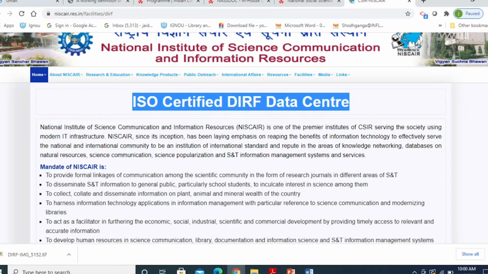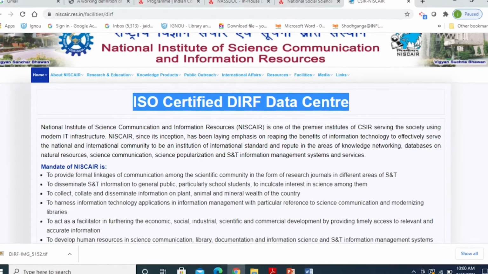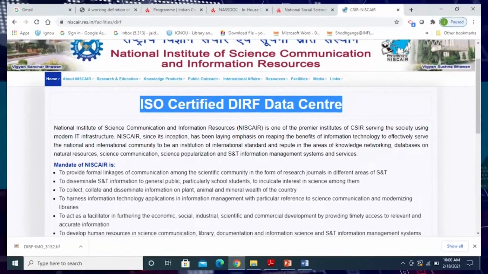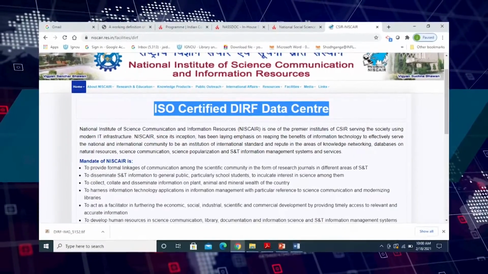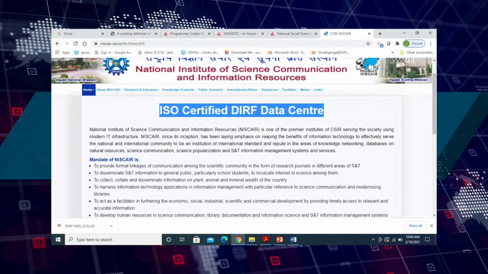One of the reasons for the change in name is that documentation is now not a major activity, therefore now it is acting as an Institute of Science Communication and Information Resources, and one of the activities of NISCAIR is that it acts as a data center also, and this is an ISO certified data center. As an example, we have shown how this exists at a national level. Different institutions also have data centers which are into information activities, and they exist in different fields and subjects.